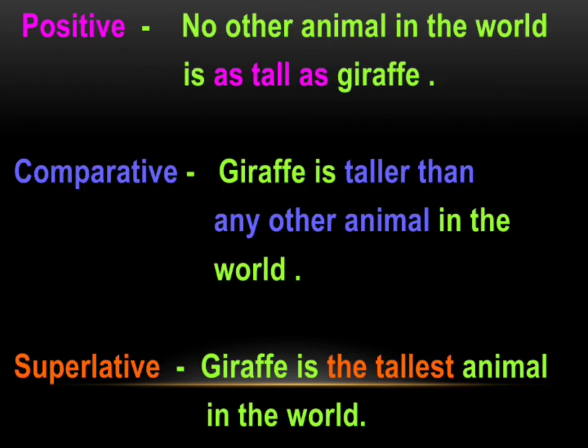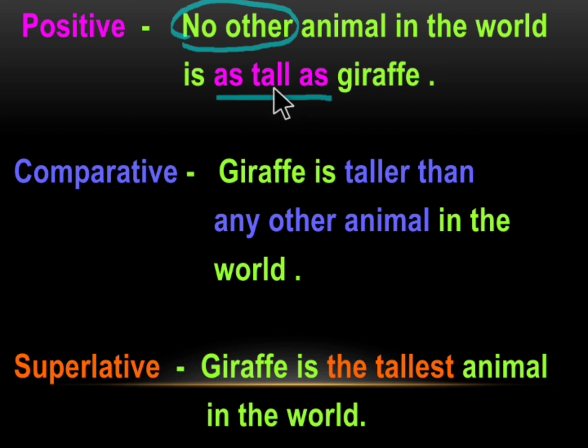Let us see the next example. No other animal in the world is as tall as giraffe. So positive degree, we have begun with no other animal in the world is as tall as giraffe. This is the basic rule. Now comparative degree, the last word in the positive degree is giraffe. So begin with that. Giraffe is singular here. So is. Giraffe is.